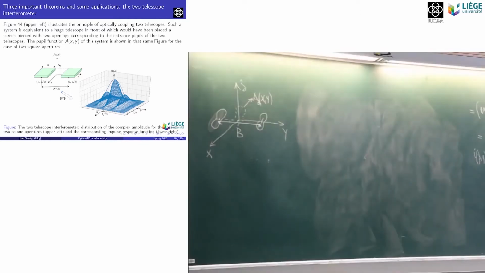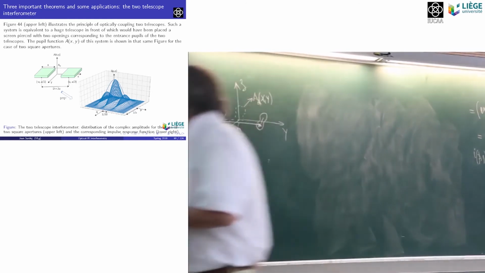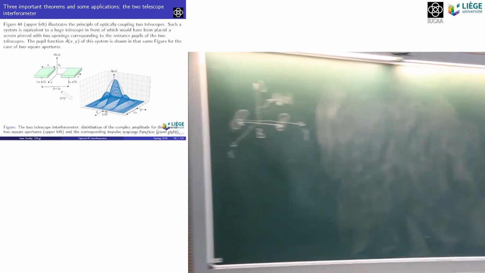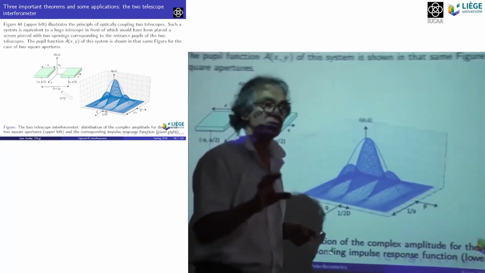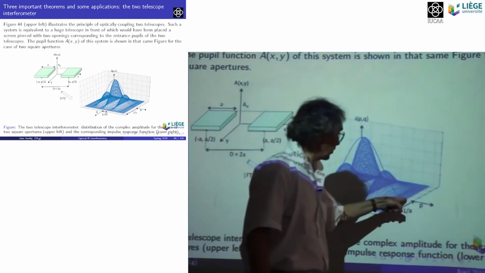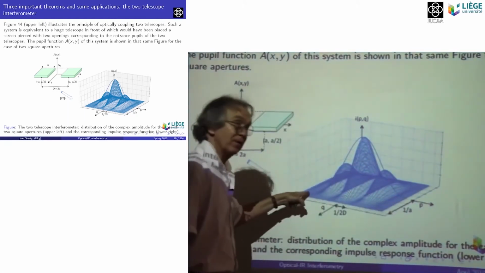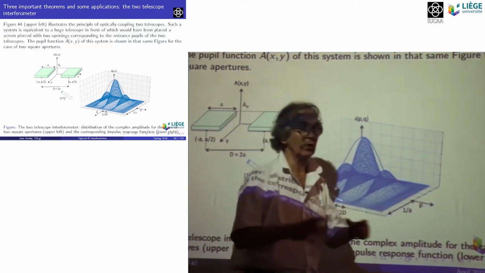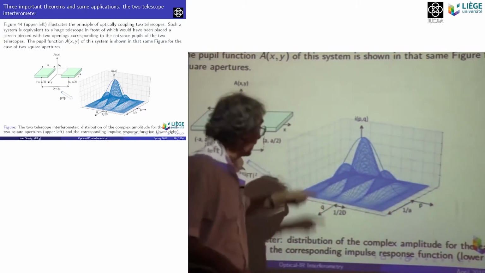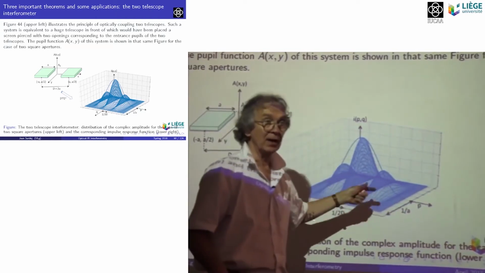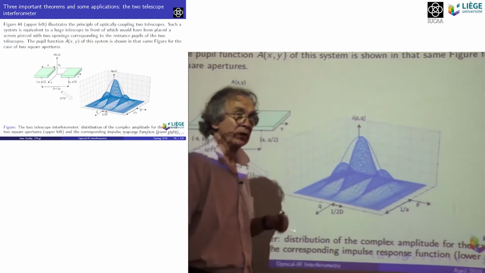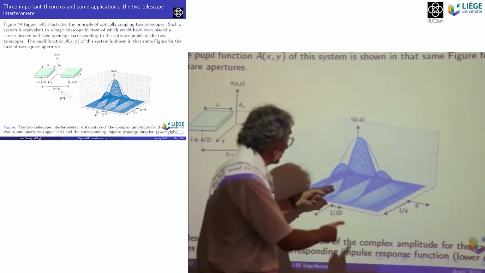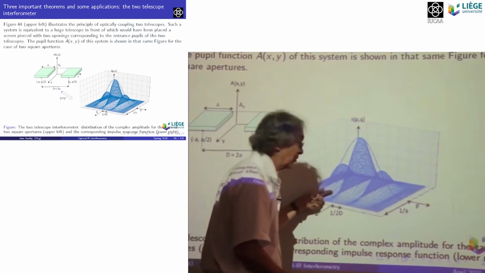What are the other 0s? So for the square aperture, whenever the sine is equal to 0, you have a 0. This is this one, and this one. So this is a point-spread function corresponding to a single square. And now it's being modulated by the cosine square, and you get 0 here, and you get 0 here.